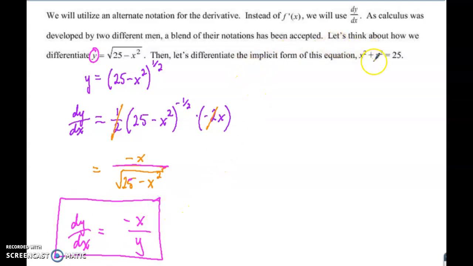So I'm going to teach you a new method, and it's still technically the chain rule. Because when we're doing things implicitly, we need to have an independent variable. Well, we like to leave x as your independent variable. So if I ask you for the derivative of x squared, it is 2x.